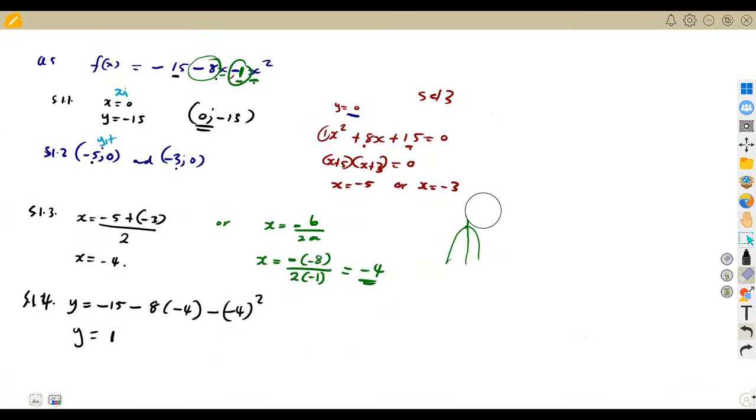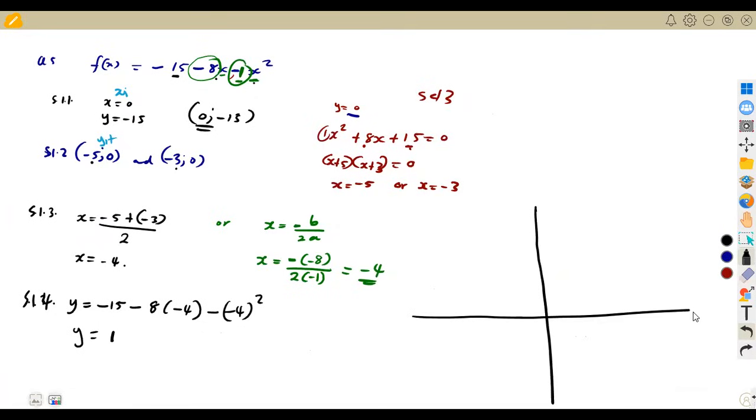All right, in actual sense, you're supposed to have something of this nature. Your x and your y-axis from 0. You state the scale that you're going to use. Maybe you use 1, 2, 3, and so on, then -1, -2, -3.